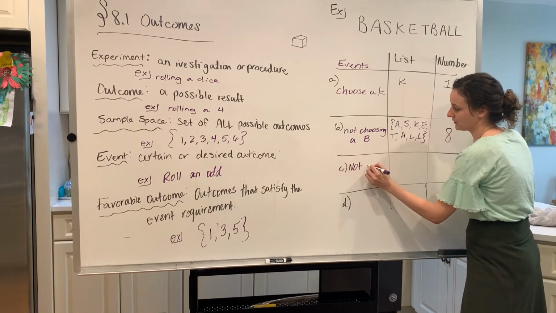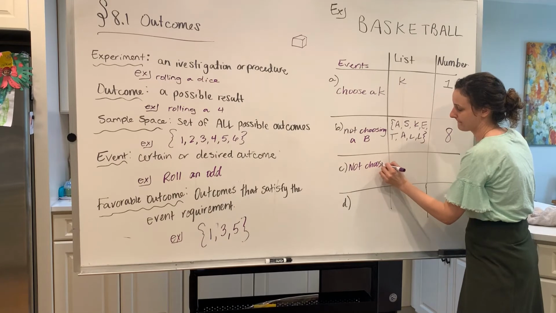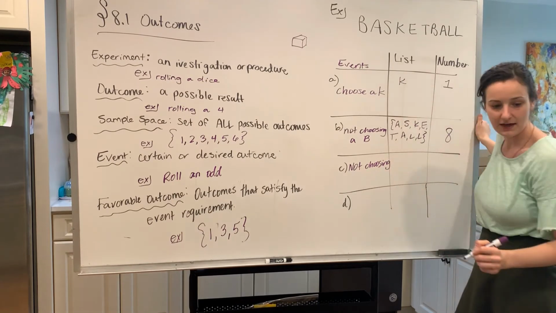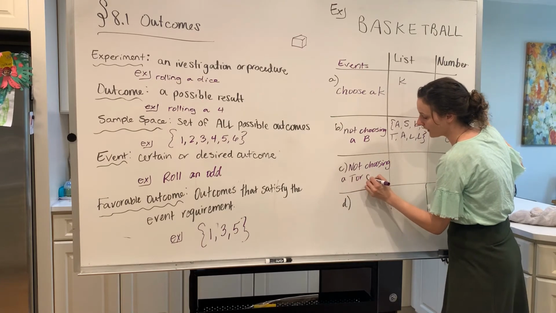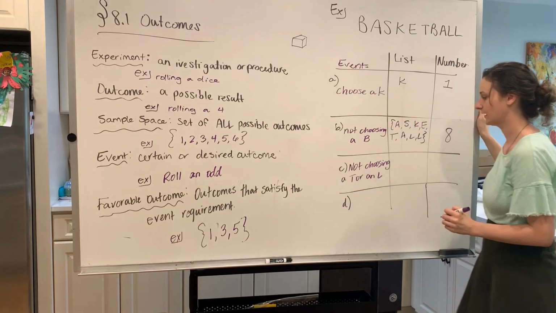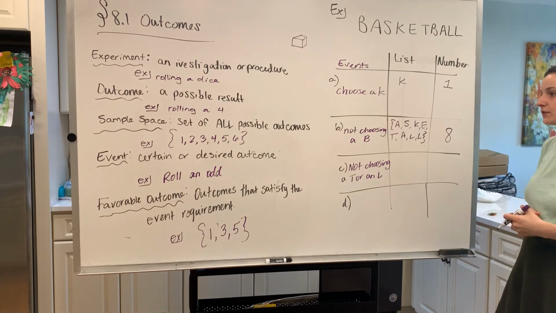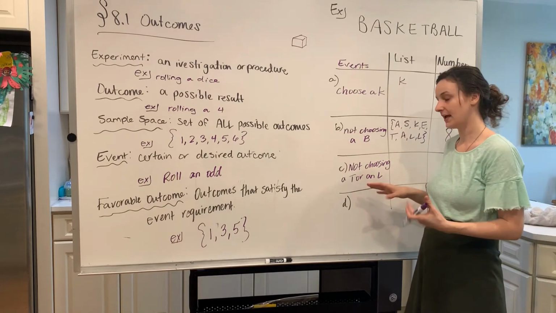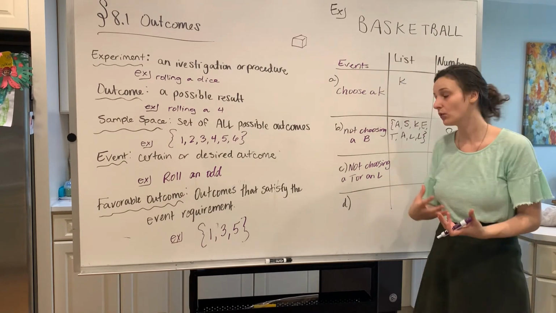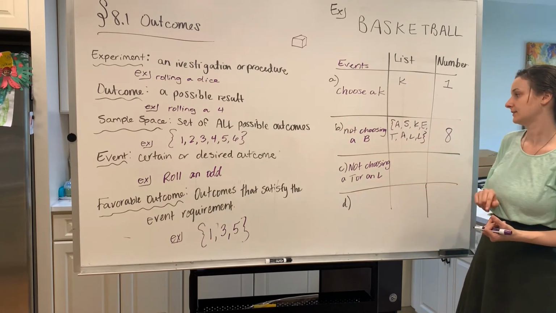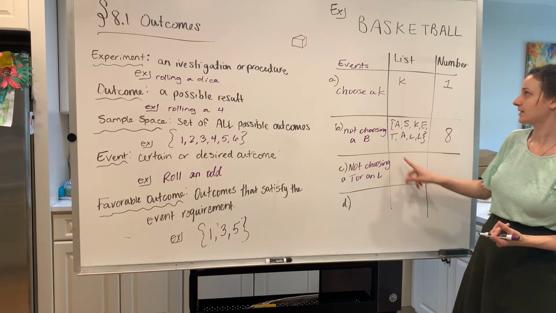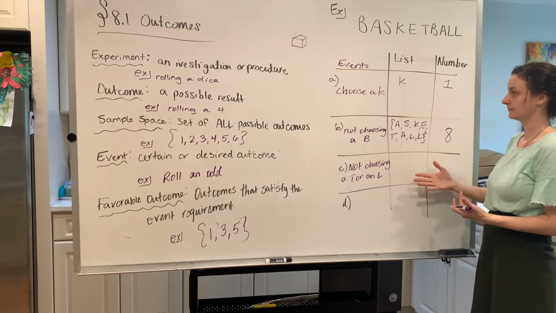Next one, not choosing a T or an L. So notice that this requirement has 2 pieces. It's an or statement. So not choosing a T or an L. So in my list, start at the beginning. Can I choose a B?